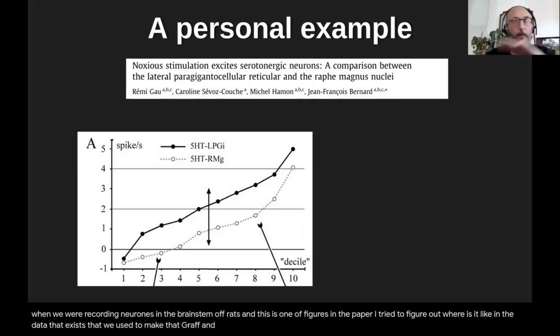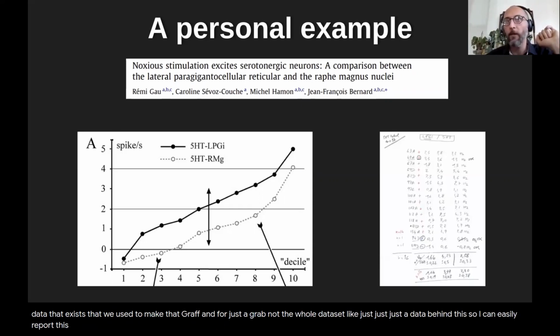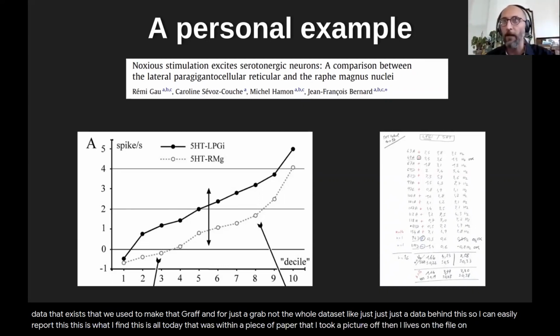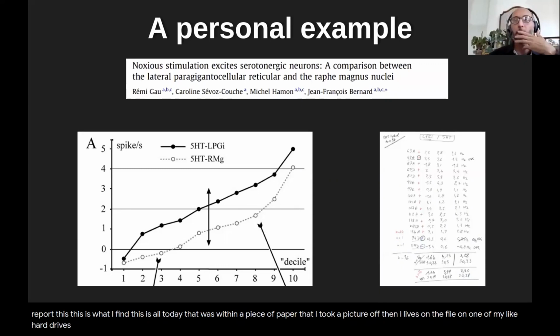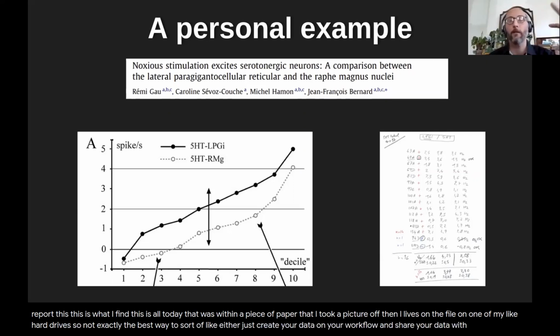And for just that graph, not the whole data set, just the data behind this, so I can easily replot this. This is what I find. All the data was written on a piece of paper that I took a picture of, and now it lives in a file on one of my hard drives. So not exactly the best way to curate your data in your workflow and share your data with others, right?